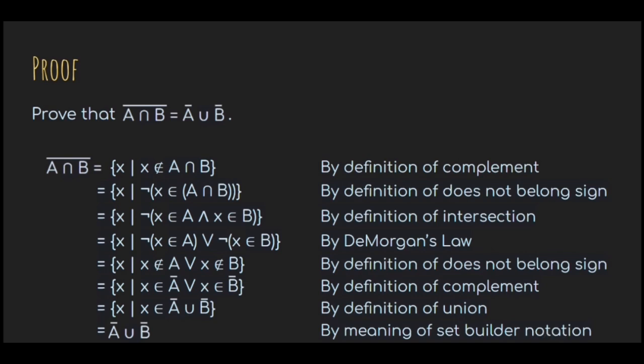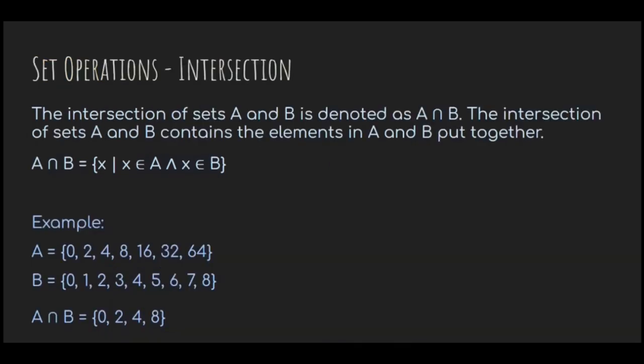And then the definition of an intersection. Let's look back at that, right here. Intersecting sets A and B would mean x belongs to A and x belongs to B. Let's see if that's what we said.